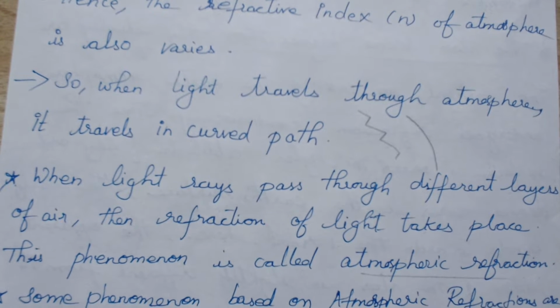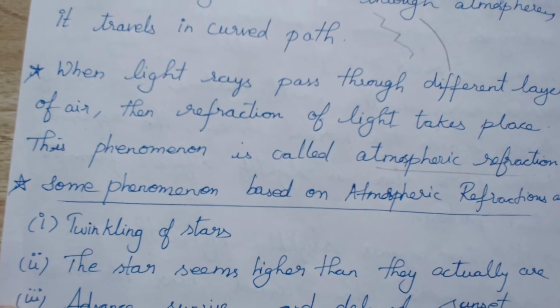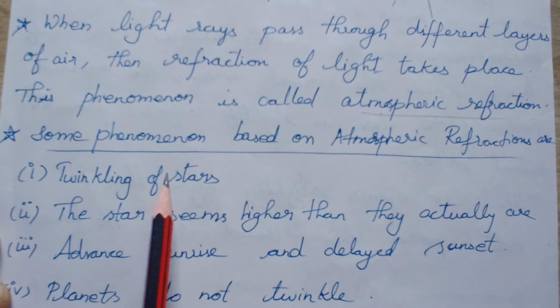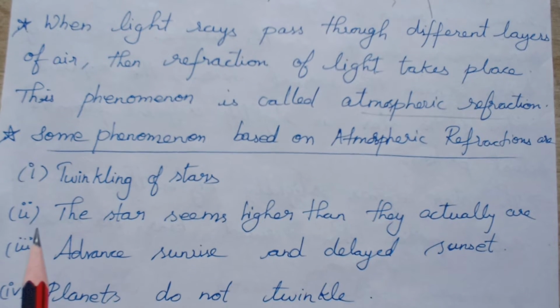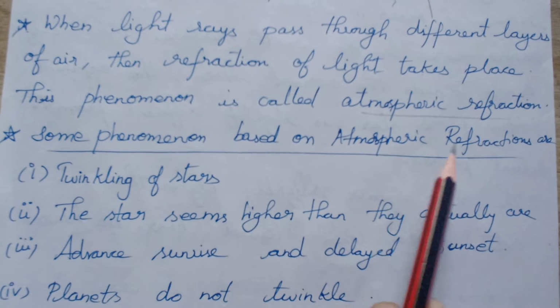Some phenomena based on this refraction: because of atmospheric refraction only, we have the twinkling of the stars. Stars are present, but why are they twinkling? That is because of atmospheric refraction.